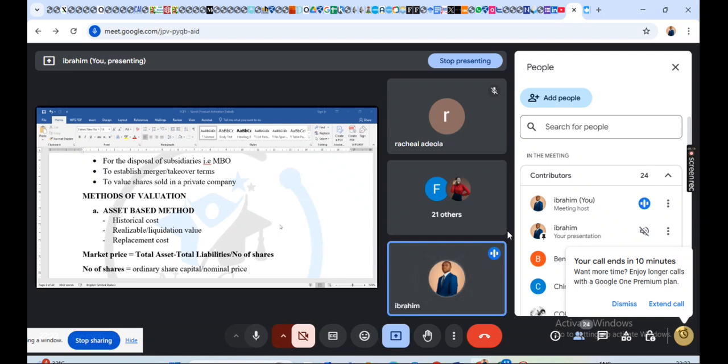You see, asset base will always give the lowest current value of an asset. It will always value it at a lower price. Why?